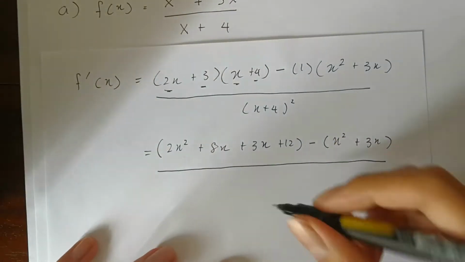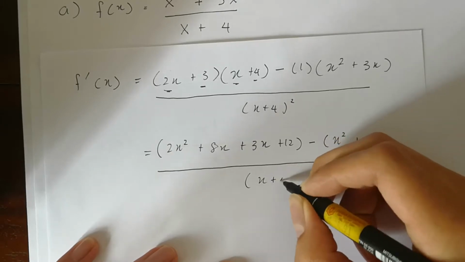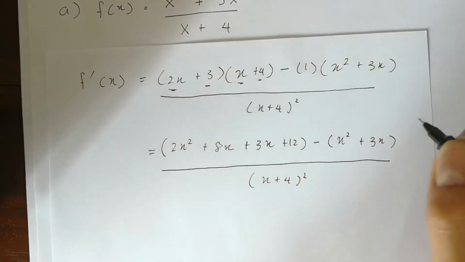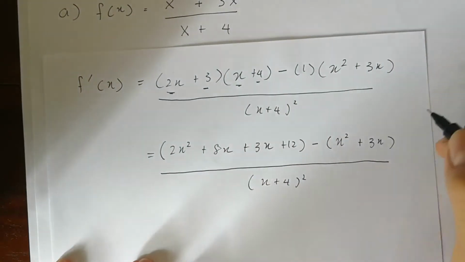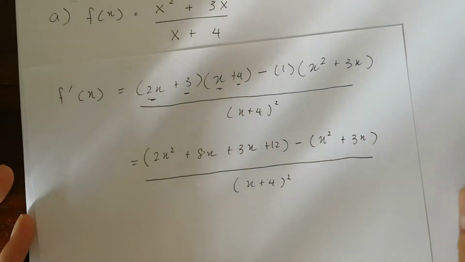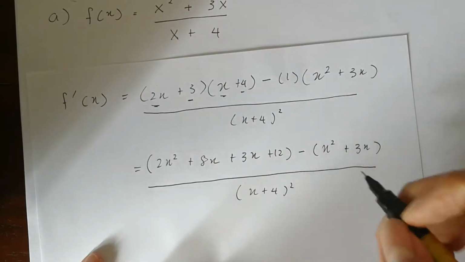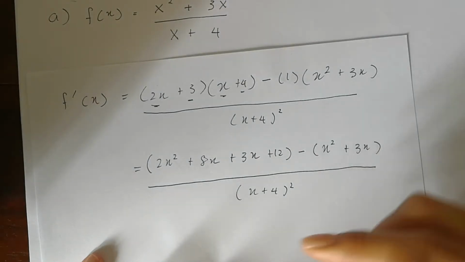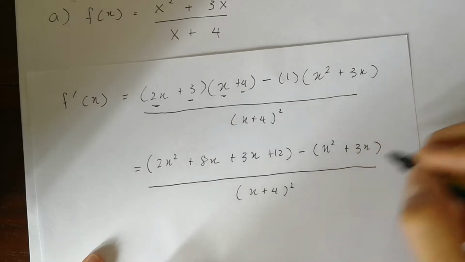Then you just copy down the denominator. I usually leave the denominator as it is because in some other questions you will need to simplify the expression even more, and it would be much easier if you leave the denominator as it is.